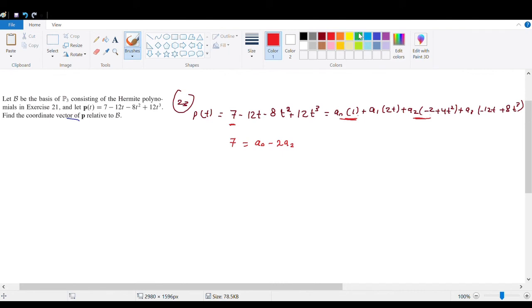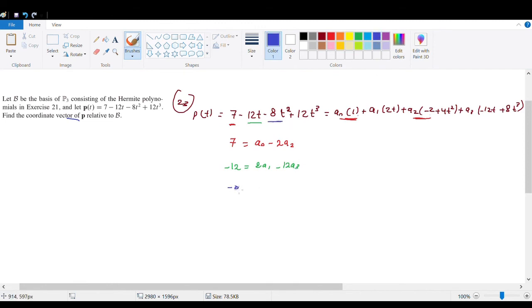Now the second one, the coefficient of t. Here we have minus 12, which is equal to 2a1 and then minus 12a3. Then we look at the coefficient of t squared.